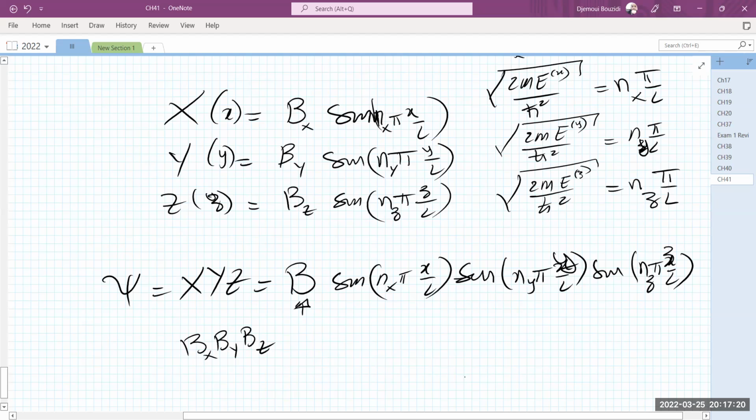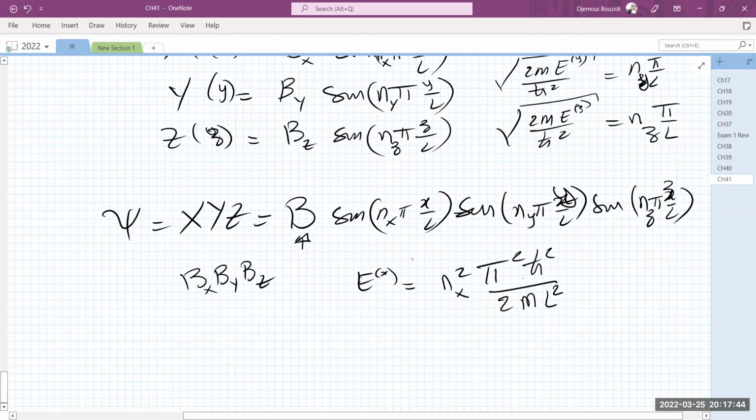So Ex from the first equation depends on that index n. It's going to be nx squared times pi squared h bar squared divided by 2m L squared.